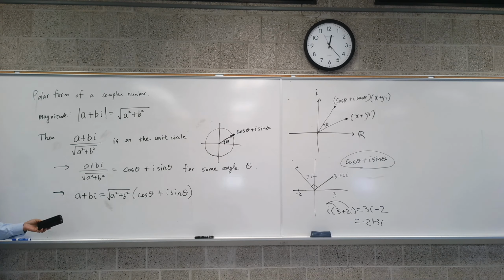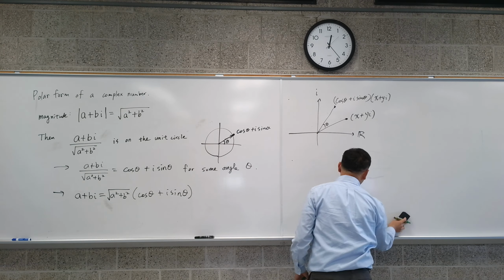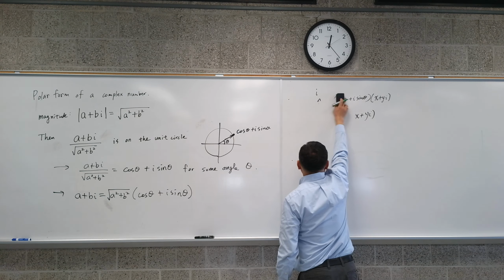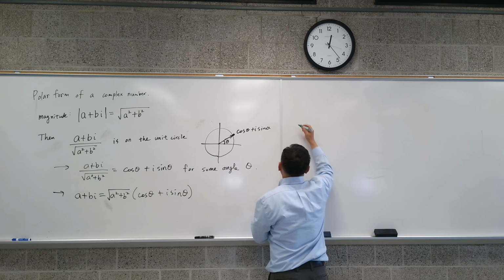And rewriting a complex number in this way allows you to see what's going to happen if you multiply. So let me try to make that point by giving you this example.